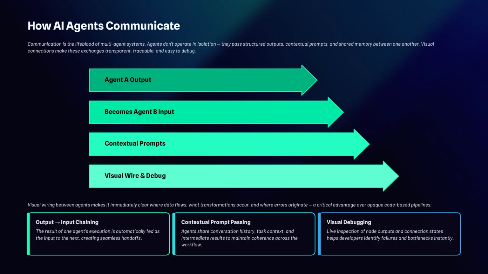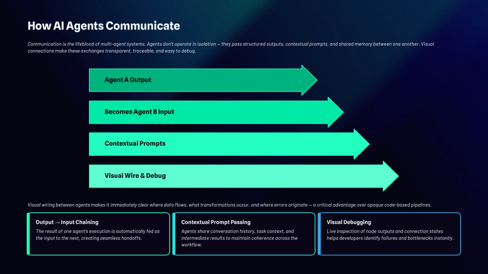In a multi agent AI system, communication is what keeps everything working together smoothly. Think of each AI agent as a team member passing information to the next person in line. The output from one agent automatically becomes the input for another, creating a seamless workflow. Agents also share contextual prompts, conversation history, and intermediate results so the entire system stays consistent and coordinated.